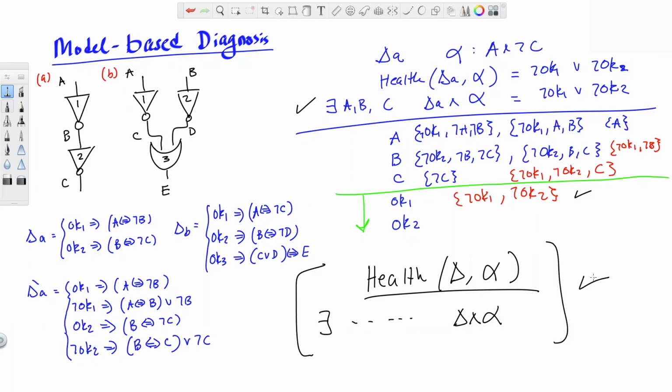And the question is, what do I do with that guy? In the simple situation we've seen, it was a very simple Boolean expression. When you look at it, you say, okay, I saw what happened, right? When I came and told you not OK1 or not OK2, it was very obvious.